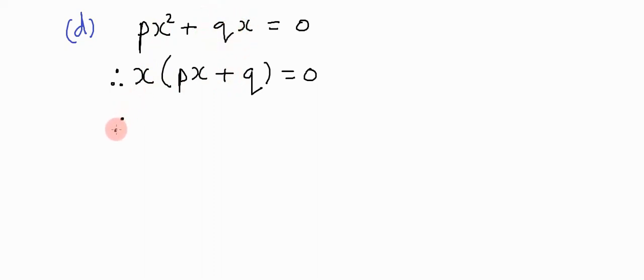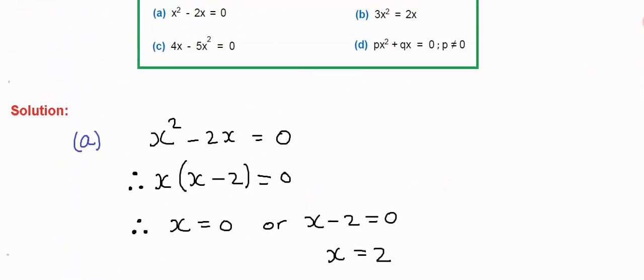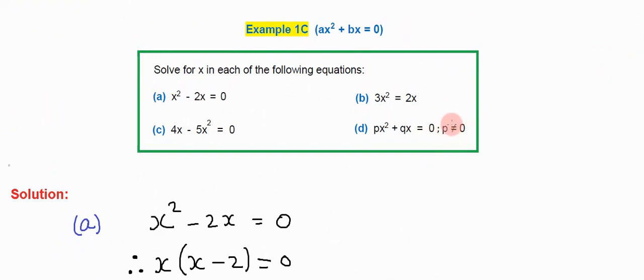Now we can use the zero product rule. So x will equal 0, or px plus q will equal 0. And here we can solve for x. We can take the q to the right-hand side. So px will equal negative q. Now, remember that we were told that p isn't equal to 0.